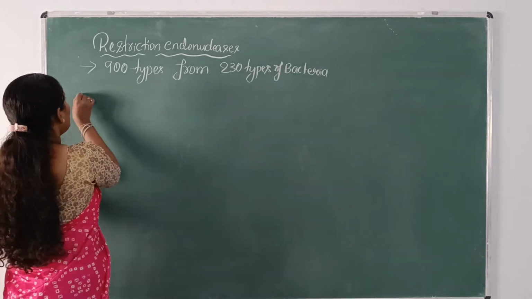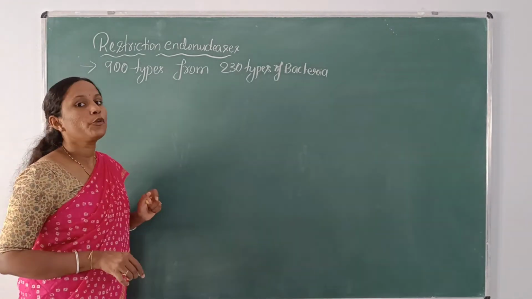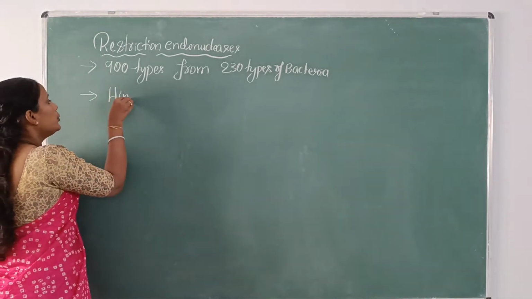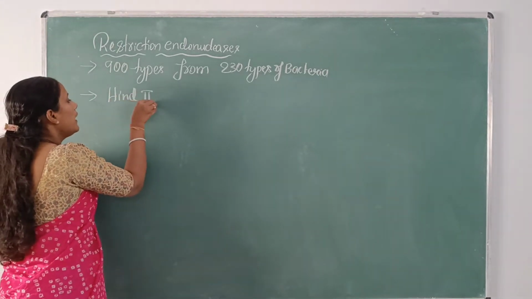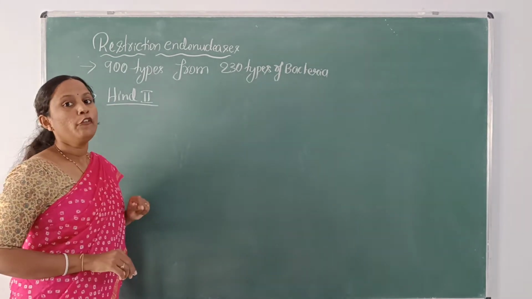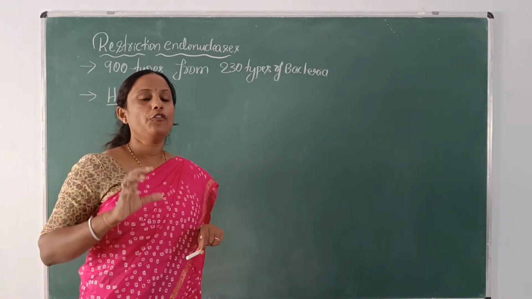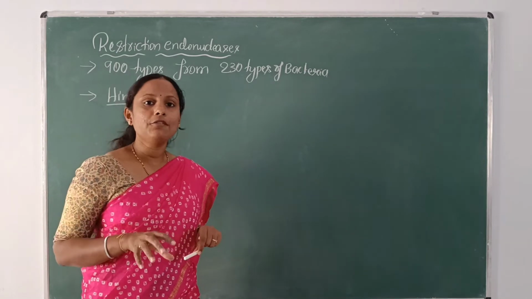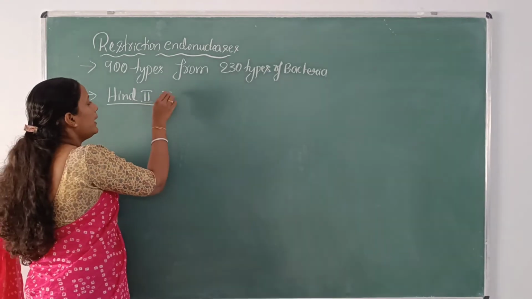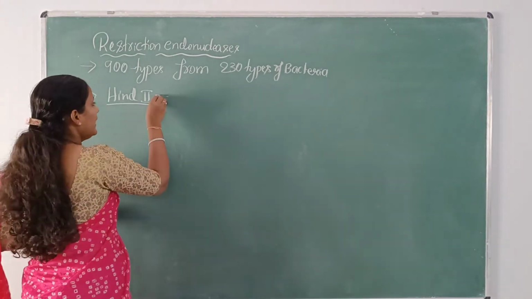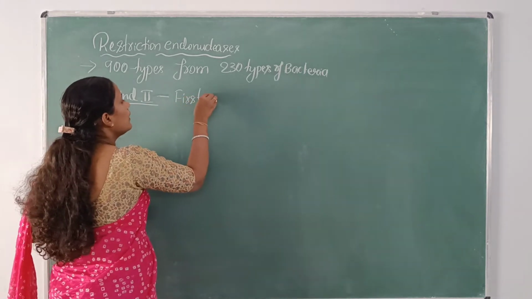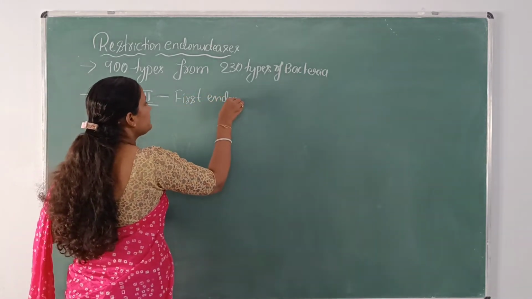And the first restriction endonuclease isolated was HindII, and it is from the bacteria Haemophilus influenzae. From Haemophilus influenzae, for the first time there was an isolation of HindII restriction endonuclease.